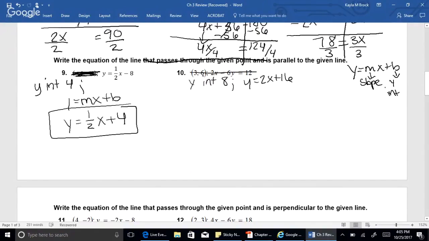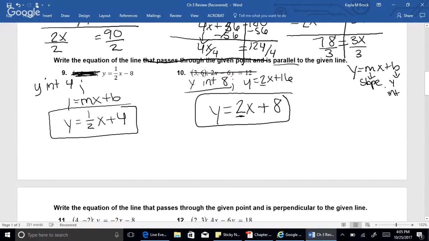Okay? So, again, we want to write a parallel line. So, again, it's going to be y equals 2x. The slope of this line is 2. It's a parallel line. Therefore, the slope is going to be 2 also. And my y-intercept is 8. So, the answer is y equals 2x plus 8.